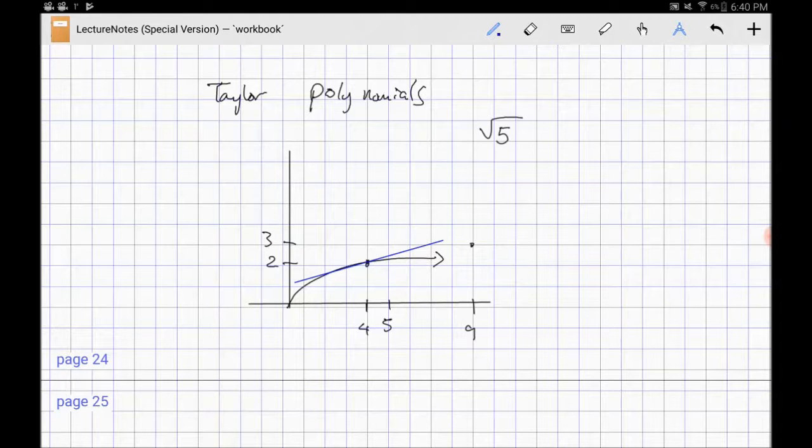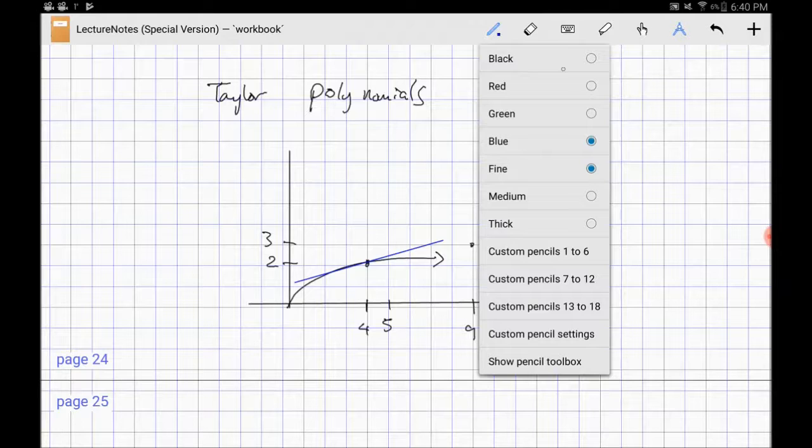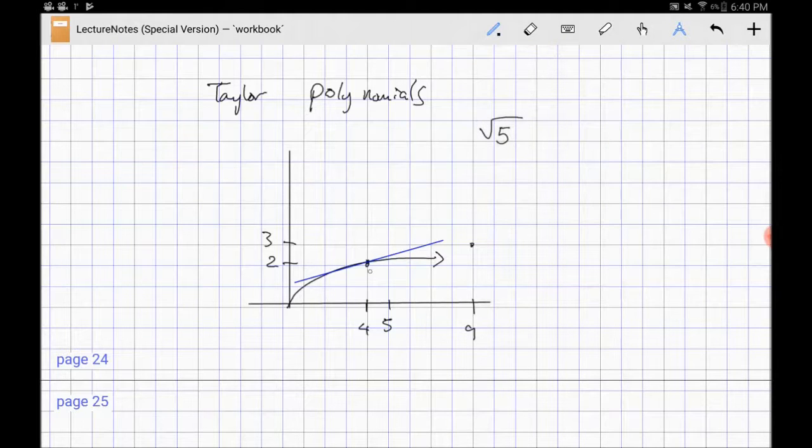So if we draw a tangent line, and we pretend that it's tangent to the point (4, 2), and it passes through the point (4, 2), because we know exactly that the square root of 4 is 2, then we can get a pretty good approximation of what the square root of 5 is, right? Because these two values are fairly close to each other. So we will get a fairly decent approximation.